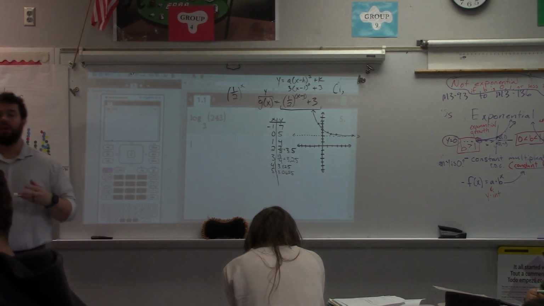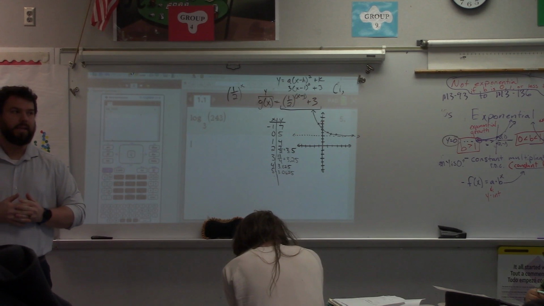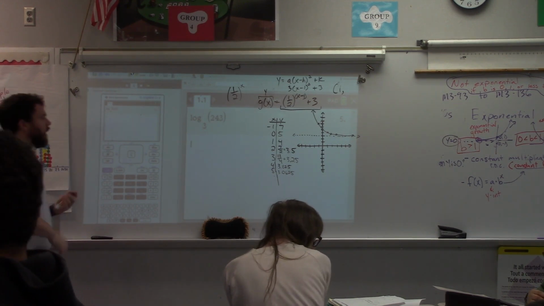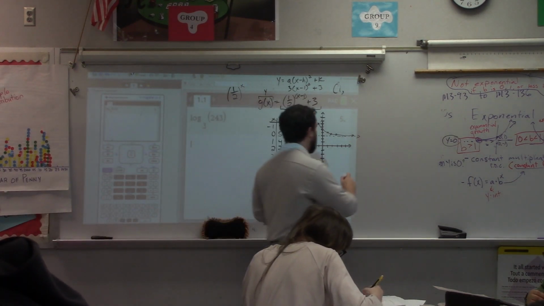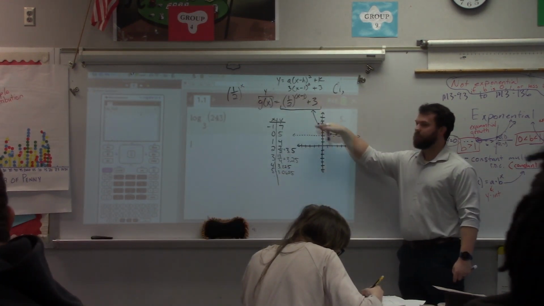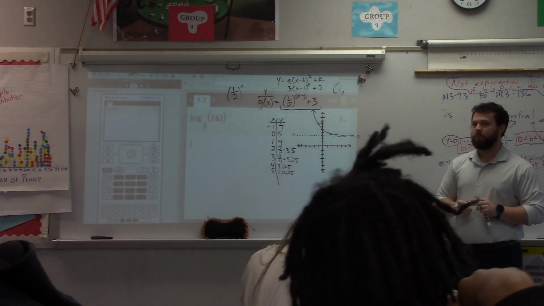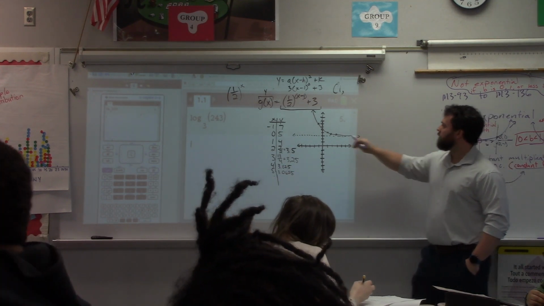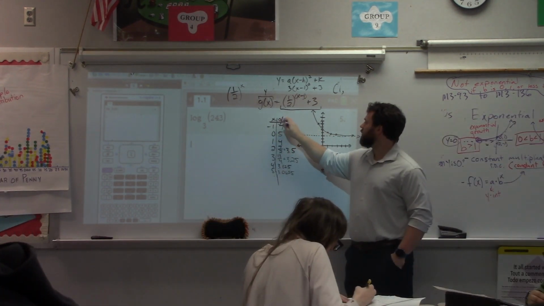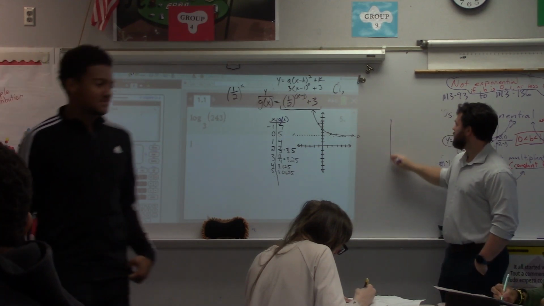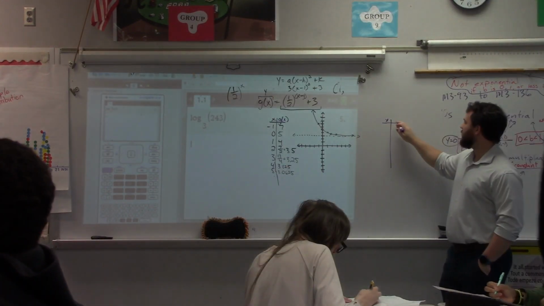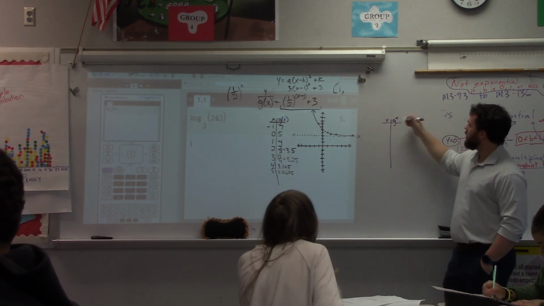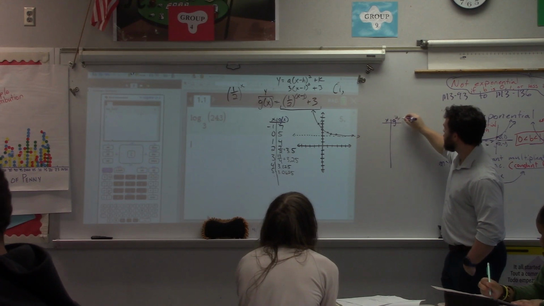Now, without even knowing the equation, you can get the logarithmic function. What could I do to get the logarithmic function of this exponential? Transpose the x and the y, the inputs and outputs. By the way, I should have put g of x here, because now we can use this notation.